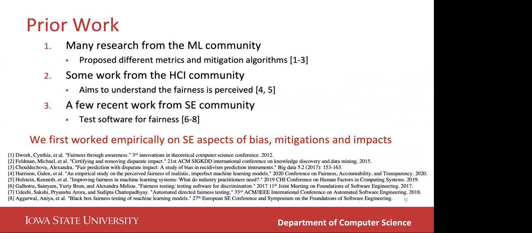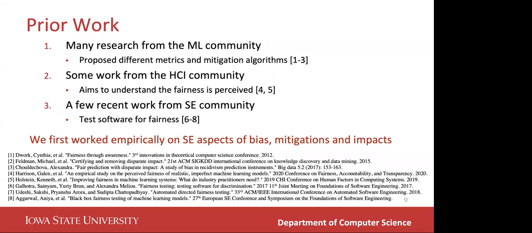Several works have already been done on this topic. Basically, three communities have done research on it. Mainly, much research has come from the ML community, where machine learning algorithms and metrics have been proposed. The machine learning community proposed the theory and measures of unfairness, and a few bias mitigation algorithms have also been developed by ML researchers. Second, much research has been done by the HCI community.